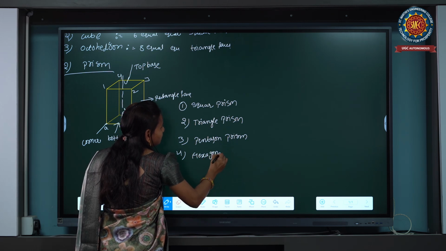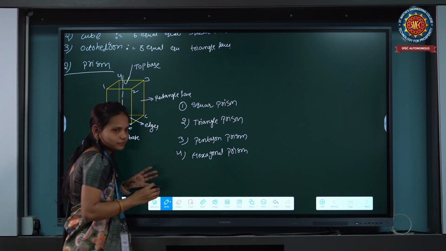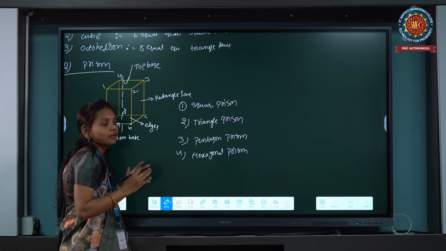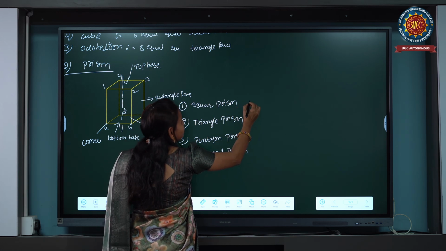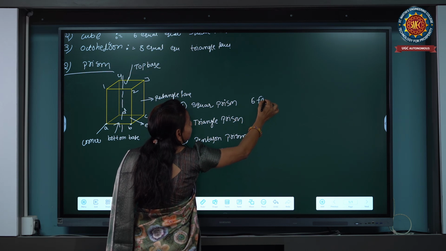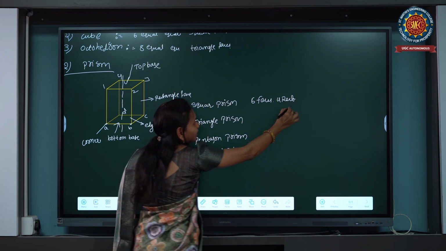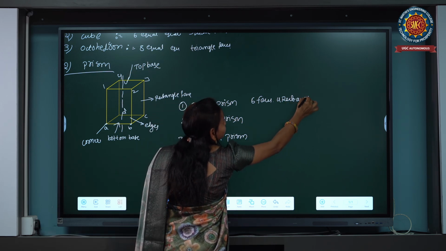What is a square prism? A square prism has 6 faces, including 4 rectangle faces.